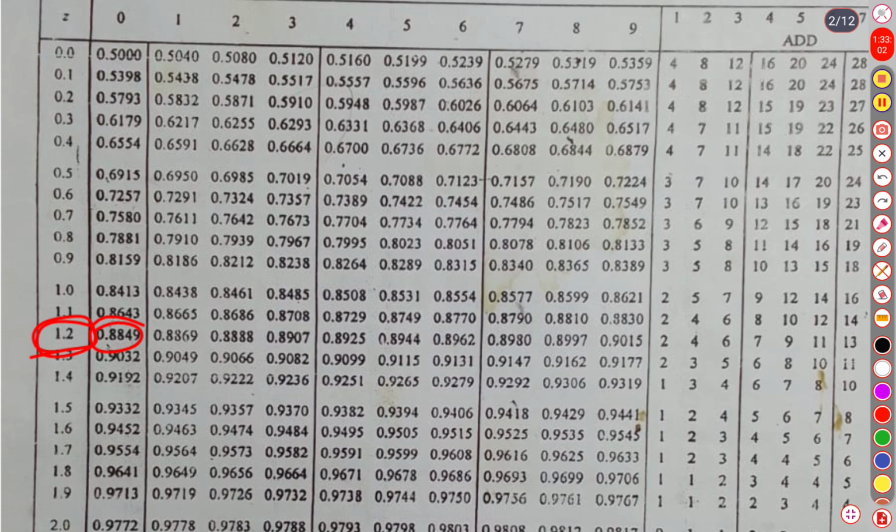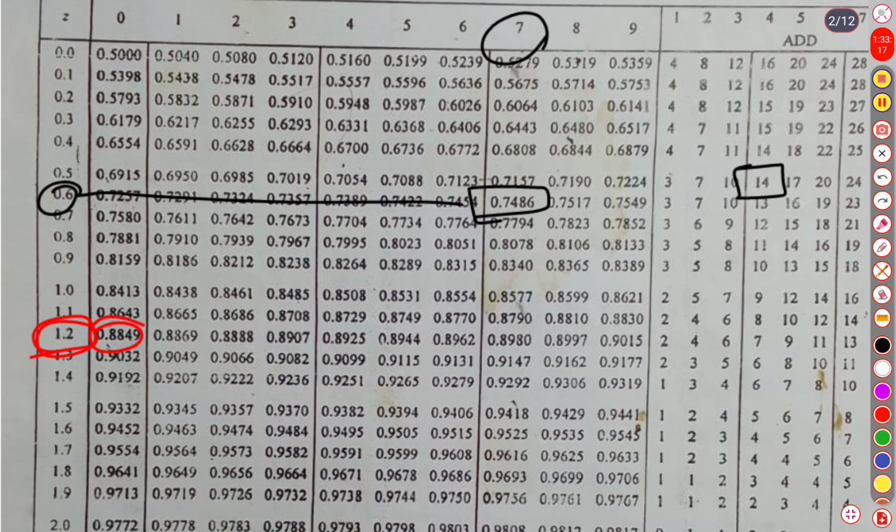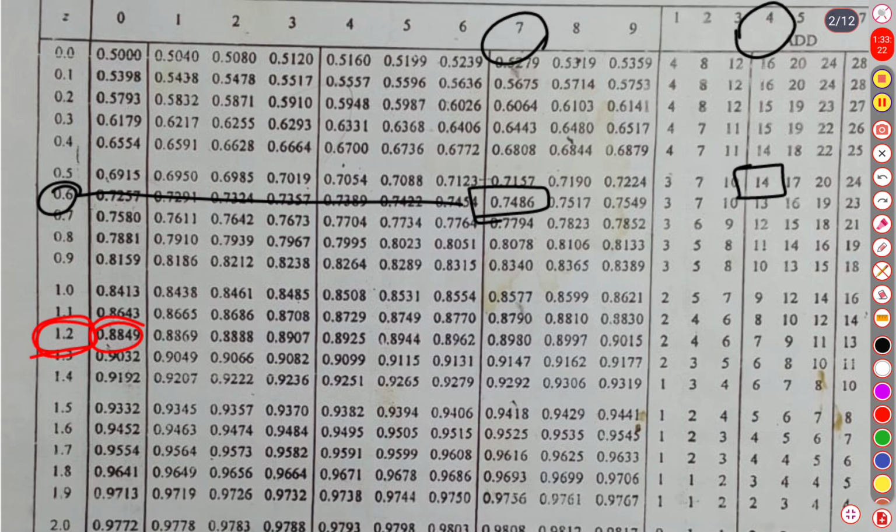Here is 0.7486, so 14 more is required. Yes, this one is 14. So the row is 0.6, the first column is 7, and another column is 4. So our corresponding z-score for 0.75 is actually 0.674.